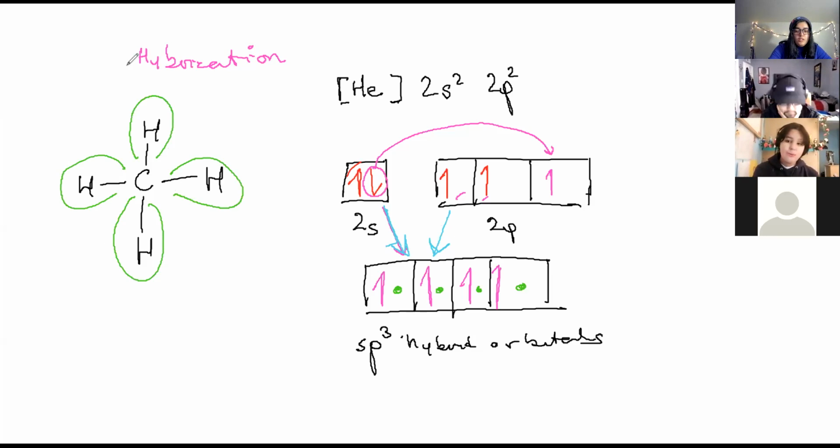Kind of. Yeah, so basically hybridization is just promoting some electrons to another orbital. In this case, the s electrons are promoted to the p orbitals, and now you have these hybrid orbitals that are available for bonding.